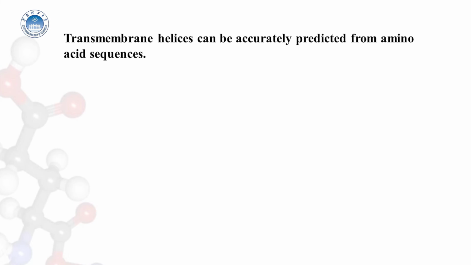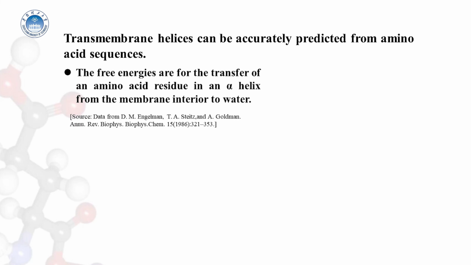One approach to identifying transmembrane helices is to ask whether a postulated helix segment is likely to be more stable in a hydrocarbon environment or in water. Specifically, we want to examine the free energy change when an alpha helix segment is transferred from the interior of a membrane to water.